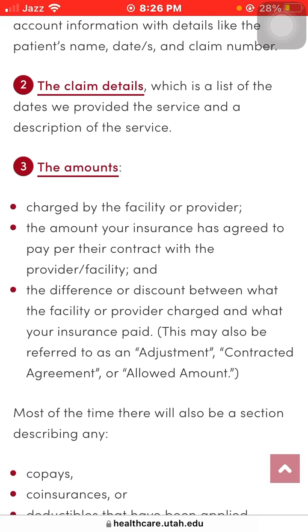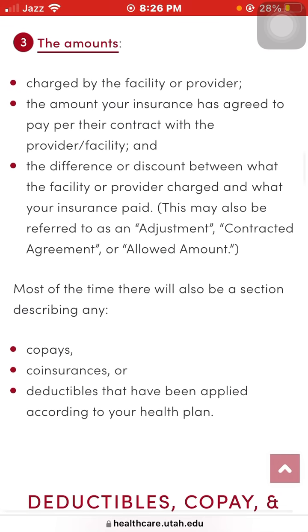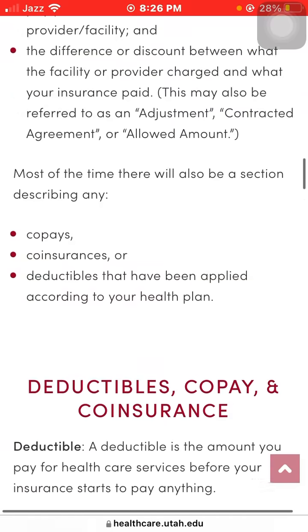Number 2, the claim details, which is a list of the dates we provided the service and a description of the service, the amounts charged by the facility or provider, the amount your insurance has agreed to pay per their contract with the provider or facility, and the difference or discount between what the facility or provider charged and what your insurance paid. This may also be referred to as an adjustment, contracted agreement, or allowed amount.